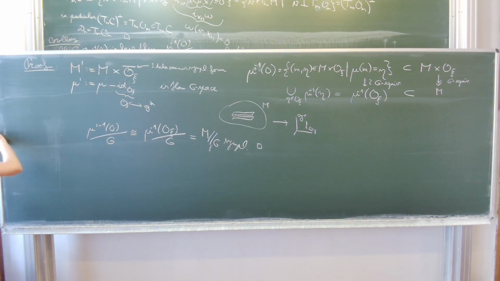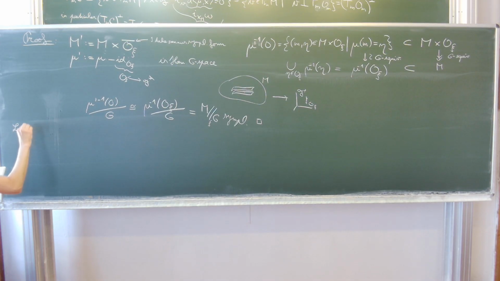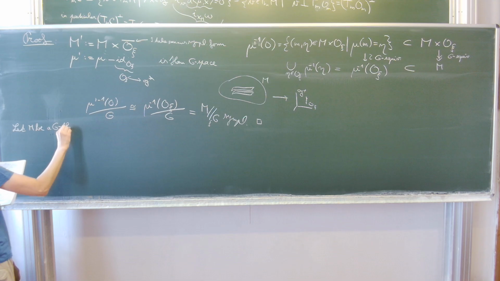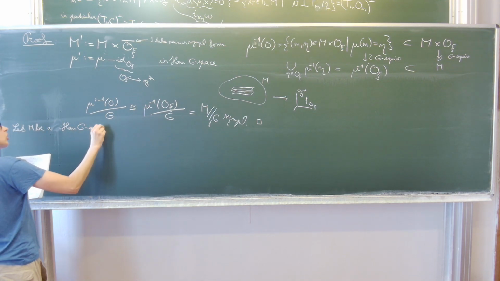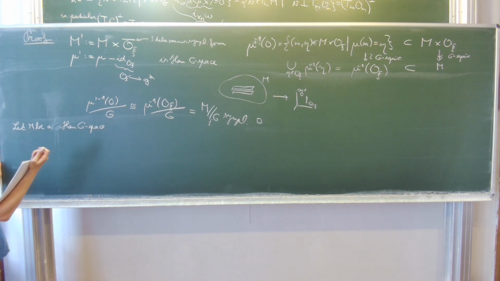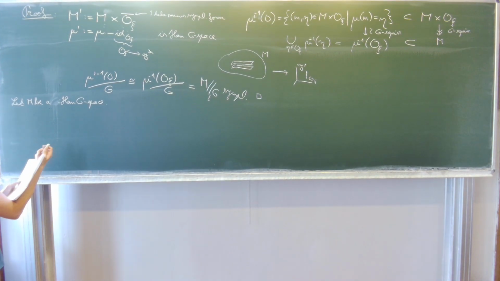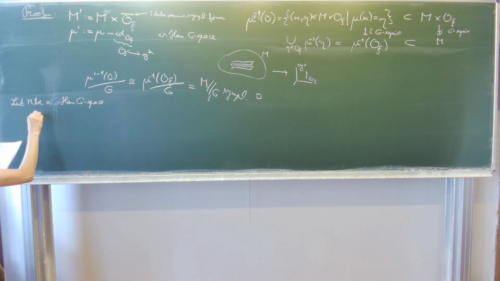So let's say that M is a Hamiltonian G space. Now we can define 2 interesting ideals. Maybe this is not the ideal way to do it, but let me define an ideal.